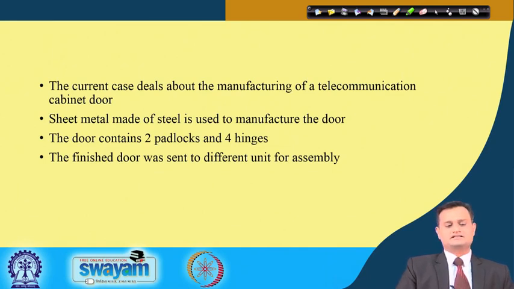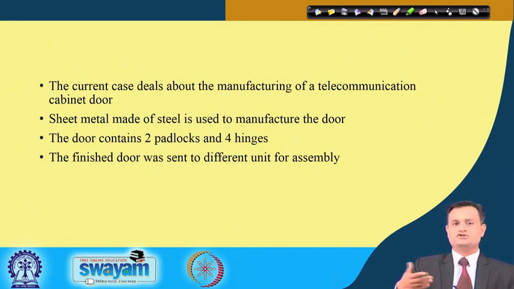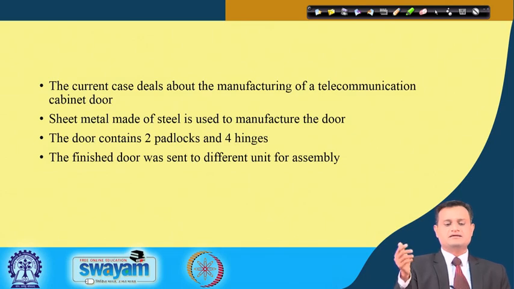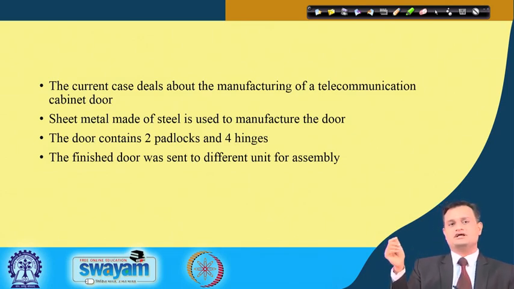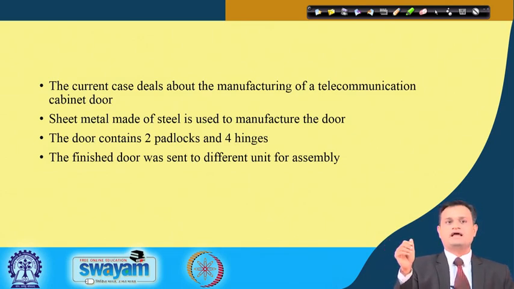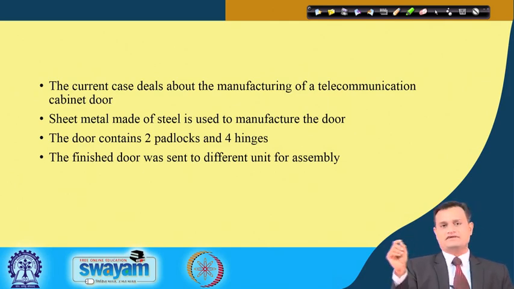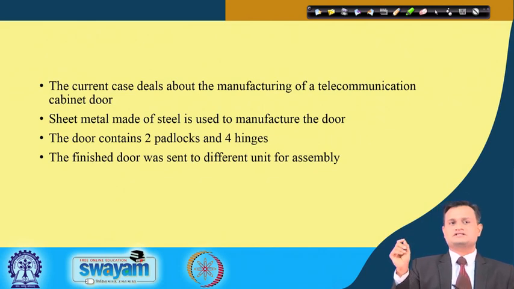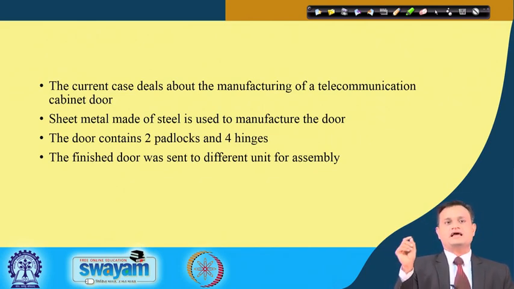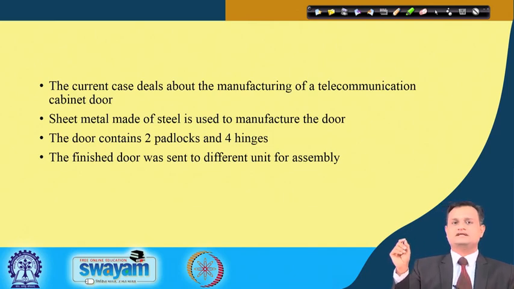The current case we will be analyzing deals with the manufacturing of a telecommunication cabinet door, and sheet metal made of steel is used to manufacture the door. This door contains 2 padlocks and 4 hinges, and the finished door was sent to a different unit for assembly.